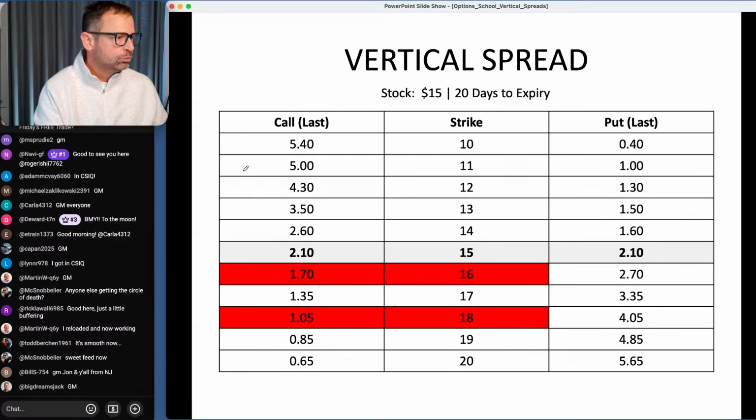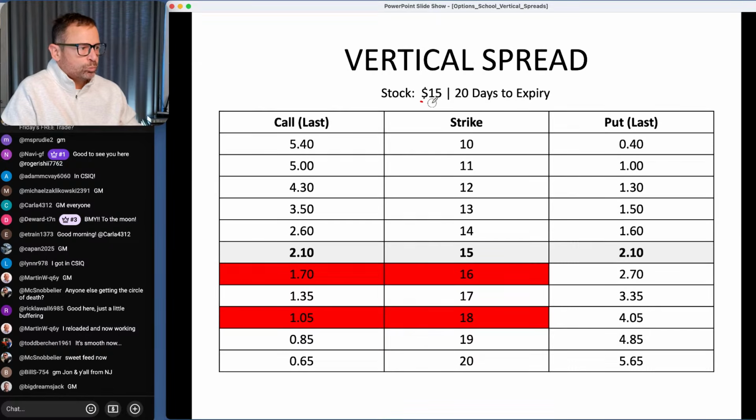Keep it simple. Why do we do vertical spreads? Stock's at 15. If we wanted to do a vertical spread, let's say we buy the 16s and we sell the 18s. How much does that vertical spread cost?